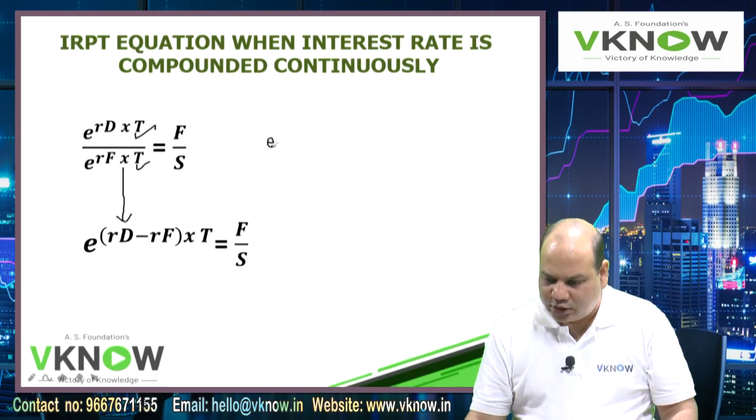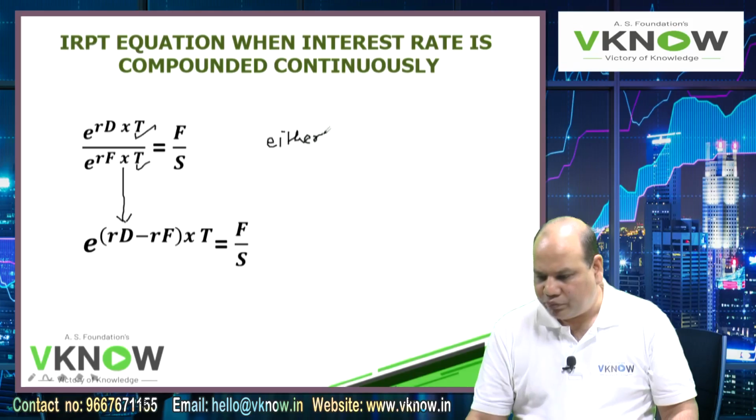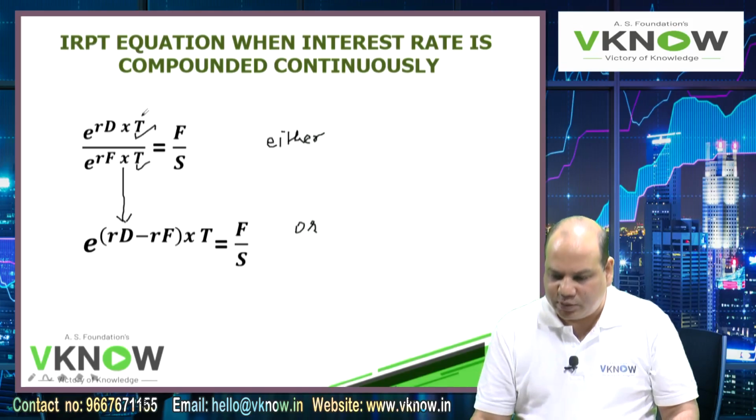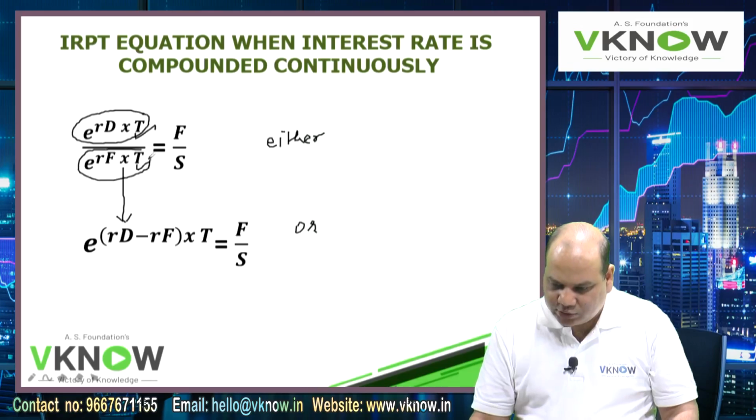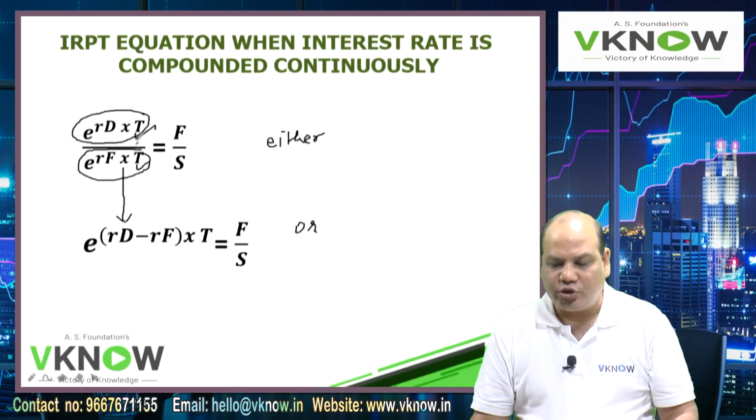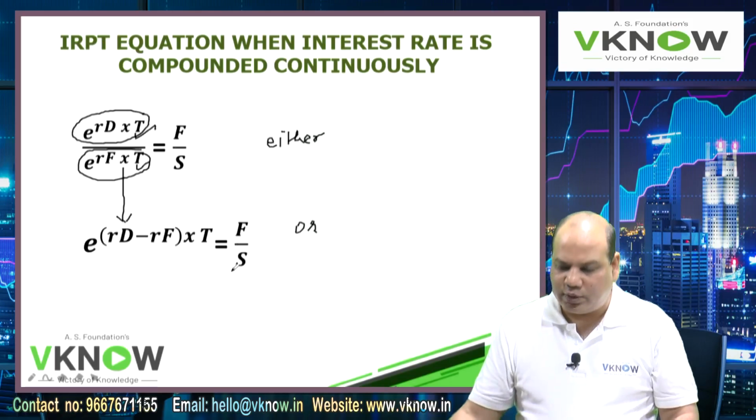So you can either remember this formula or this formula, but logic I have explained. Future value of 1 rupee at domestic interest rate divided by future value of 1 rupee at foreign interest rate. But mathematically this step can be simplified as e to the power (rd minus rf) into t, t is the common factor here, equal to f by s.